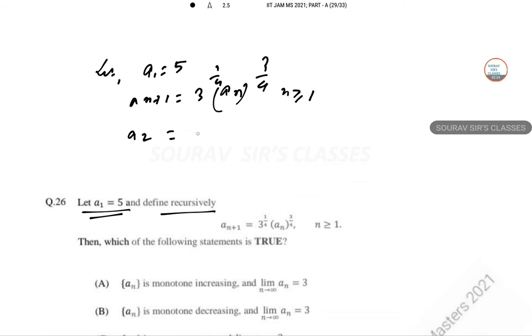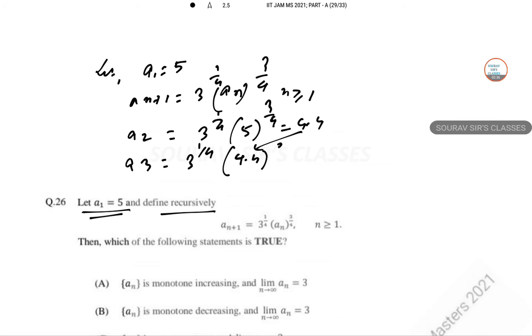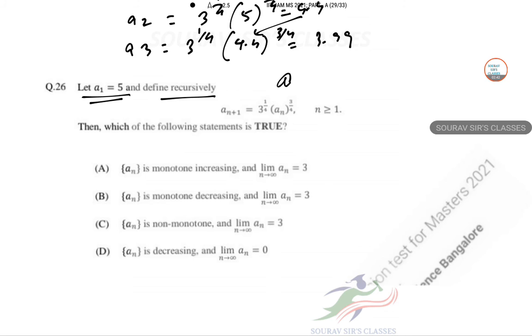Similarly a2 is 3 to the power 1 by 4, 5 to the power 3 by 4, which gives you 4.4. a3 is 3 to the power 1 by 4, 4.4 to the power 3 by 4, which gives you 3.99. So it is actually falling. Similarly, the limiting value of a(n) is 3 to the power 1 by 4 and 3 to the power 3 by 4, so this will give you 3.